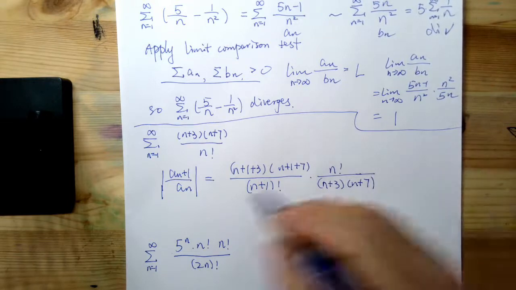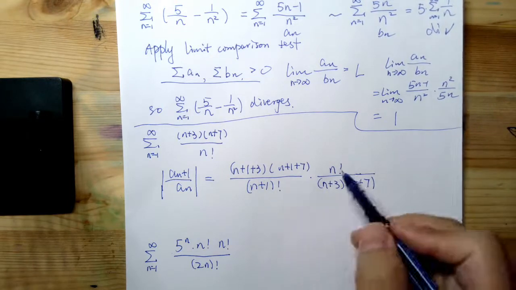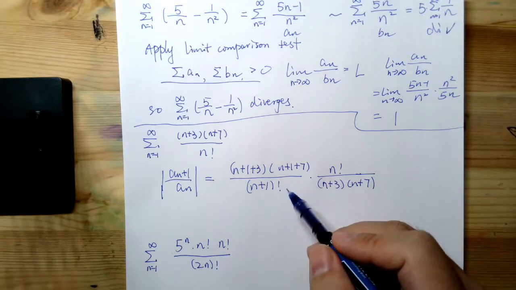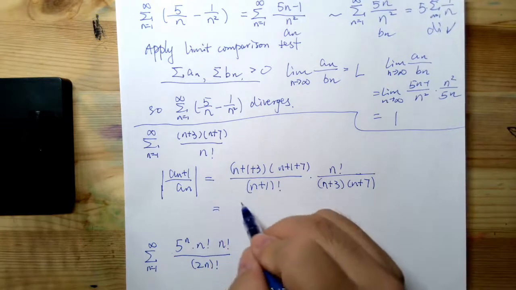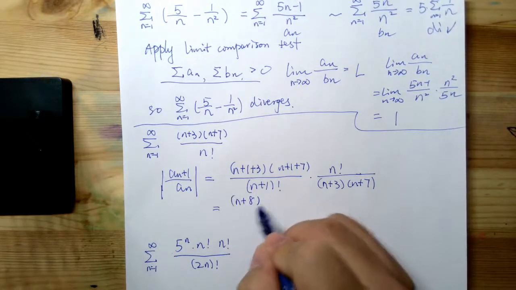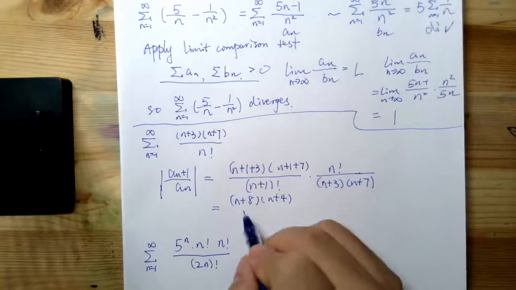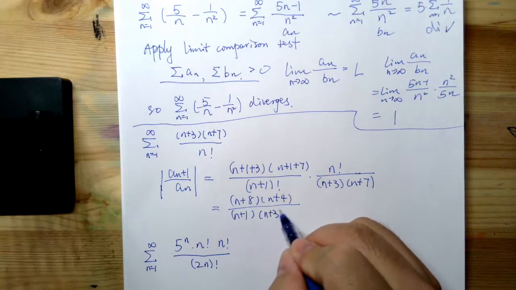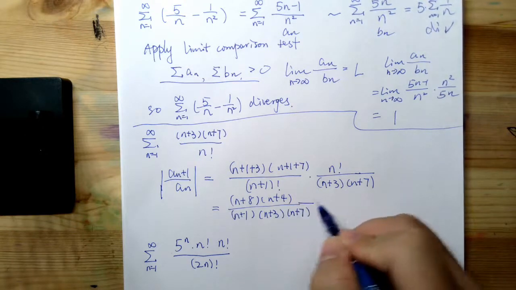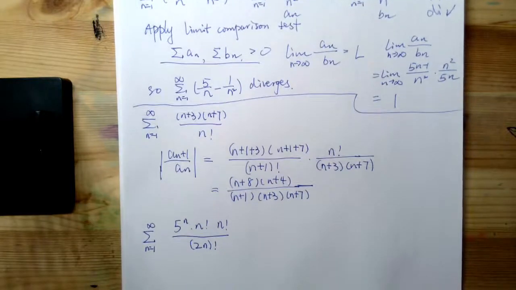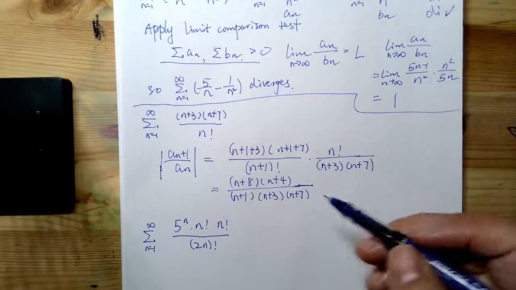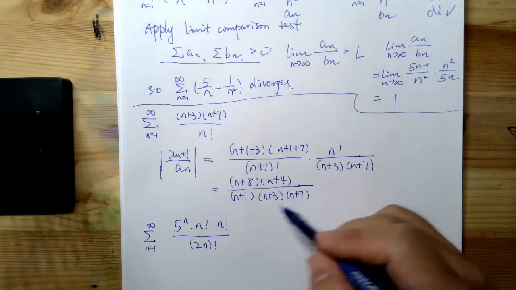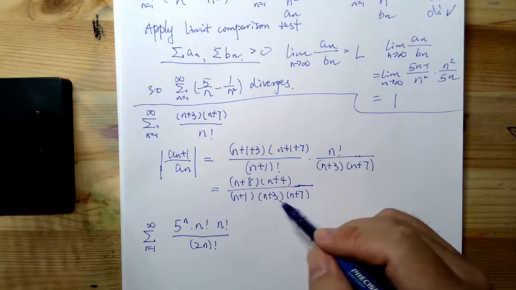Okay, after the cancellation, you can see (n plus 1) factorial can be rewritten as n factorial times (n plus 1). So it turns out we have (n plus 4)(n plus 8) on the top, and n plus 1, n plus 3, n plus 7 on the bottom. Think about this, guys: the order on the top is going to be n squared, and the order on the denominator is going to be n cubed.